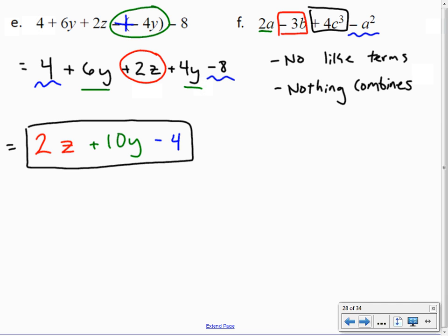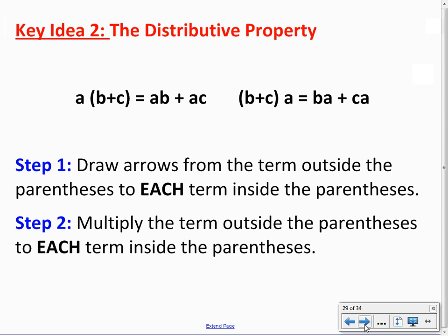Now, we're going to talk about something new here. We just talked about combining like terms. What I want to talk about is something called the distributive property.